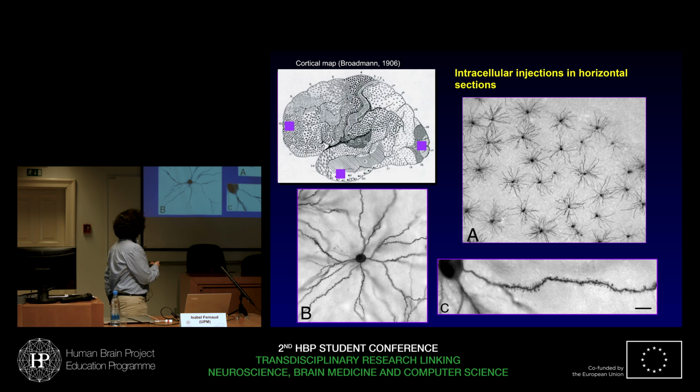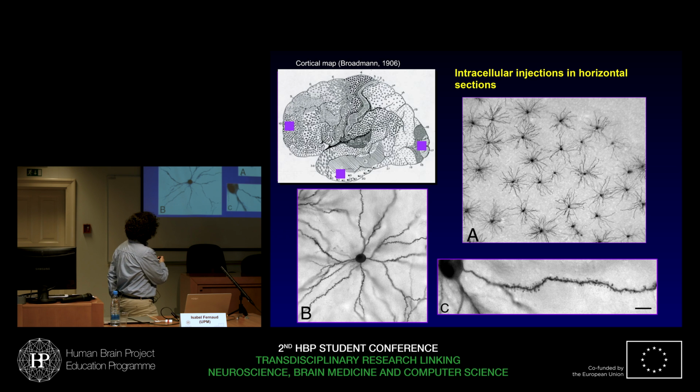Let's take the same case of the injections in the 3 different areas of the cortex. You have here the same slide with the field of the injected neurons. As you see, not all the neurons of the area are injected. I mean, the advantage of this technique is that you can select which neuron you inject.